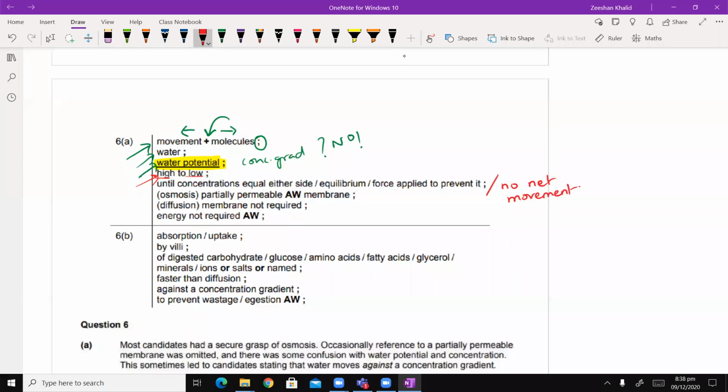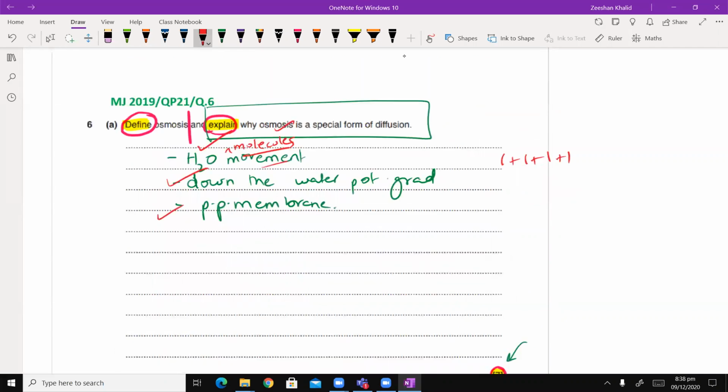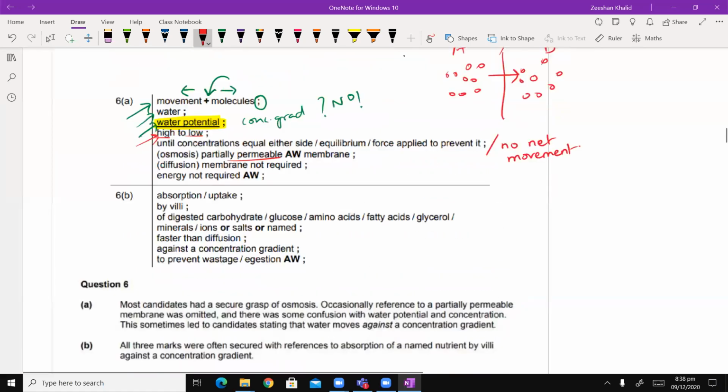For example, if you have two sides, side A and B, and let's suppose this is a partially permeable membrane, if there are more water molecules here and fewer here, then they will go like this, eventually spacing out. Okay? Eventually it will become equal. So that's basically what he means. And then osmosis through a partially permeable membrane. Okay, so up to the definition I am getting 4 marking points out of 7. So the rest of the marks, how do I get them?